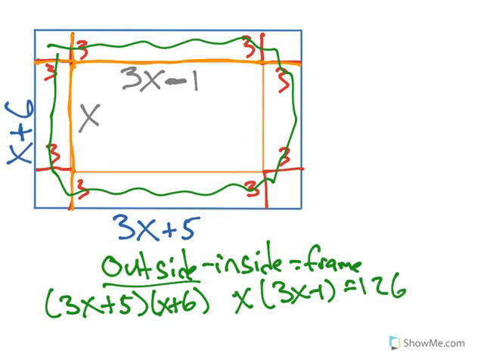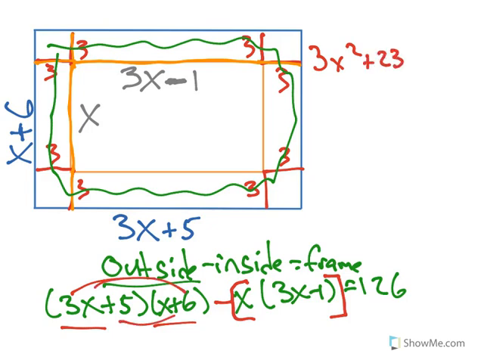All right, so this has got to be subtracted. So we said yesterday that it is a big deal that we're going to make sure that we put this in brackets here. So what's going to happen? Well, I'm going to do the FOIL here, right? 3x plus 5 times x plus 6 is 3x squared. Then I've got 18x and 5x is 23x. And I've got 30.